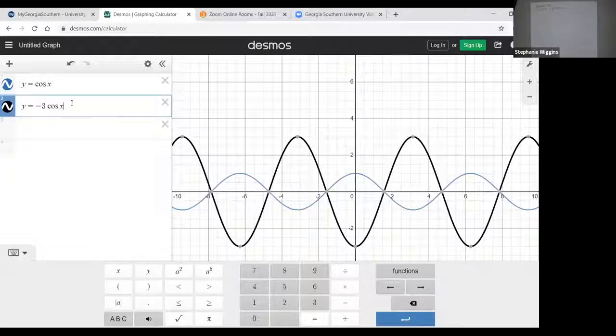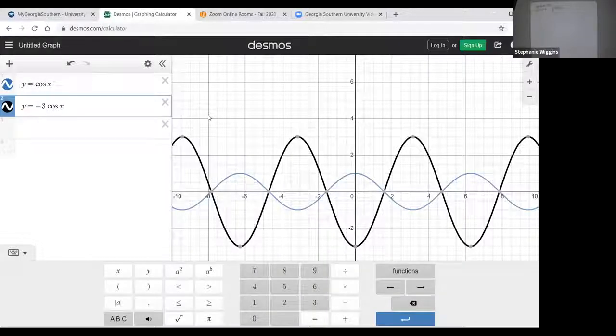And furthermore, since I'm multiplying by -3, it stretches that, so the height of the peak is up to 3 instead of 1. Well, the amplitude is still 3 because remember, the amplitude is the distance from the x-axis to the highest point. So the amplitude, even though I have a negative in front here, is still 3 for this function.